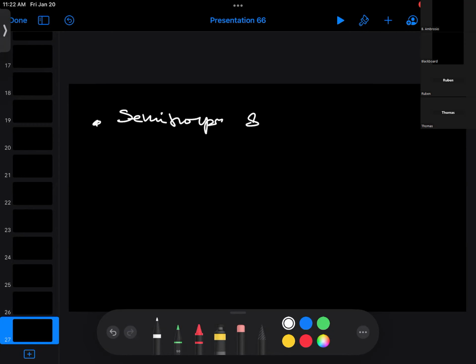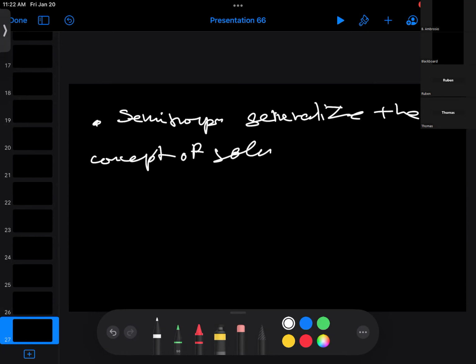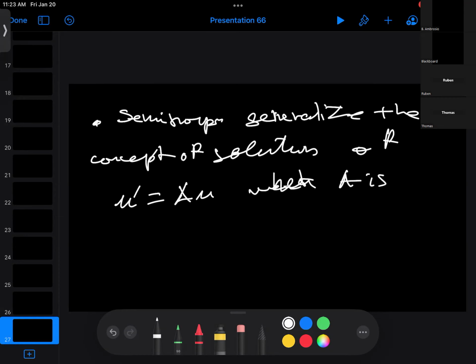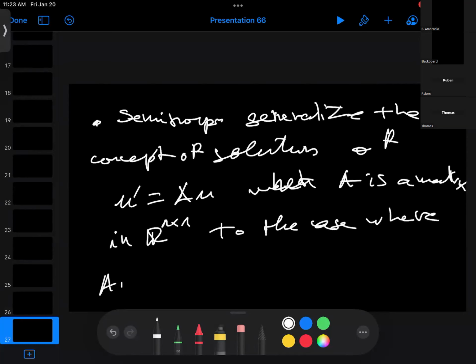Semigroups generalize the concept of solution of u prime equals Au when A is a matrix in Rn to the case where A is an operator in a Banach space.